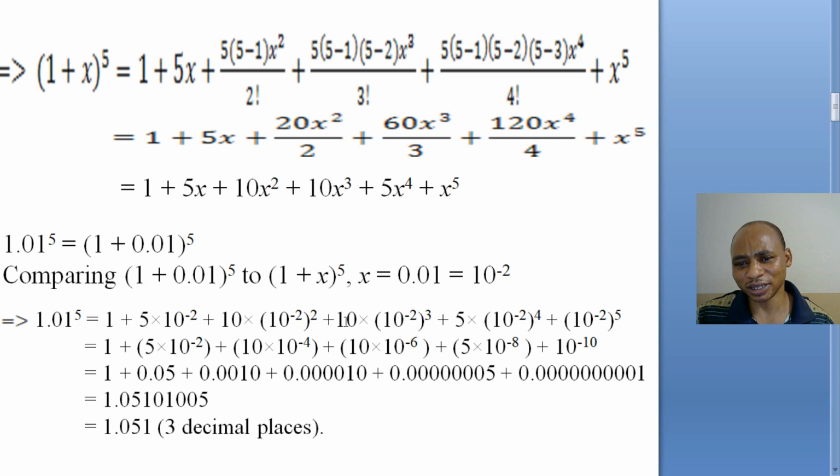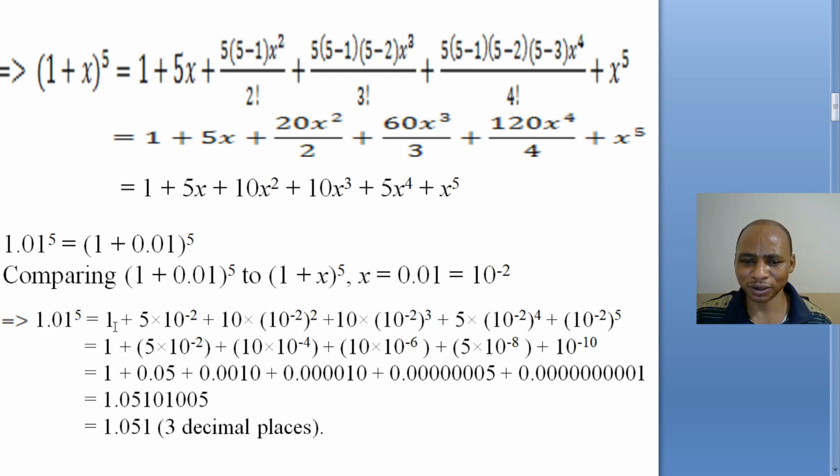What it means here is that from our previous solution, where we got 1 plus 5x plus 10x squared plus 10x cubed plus 5x to the power 4 plus x to the power 5, we will substitute the value of x into that expression.